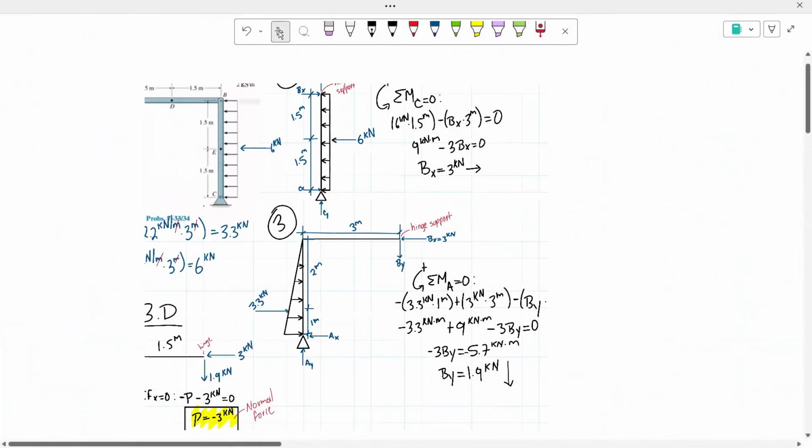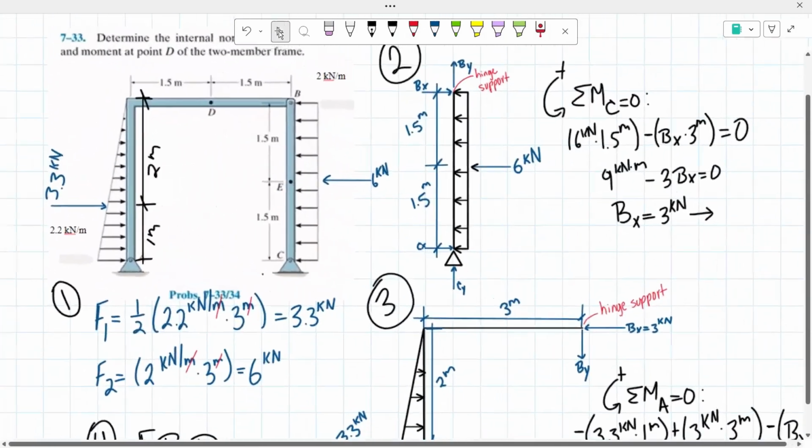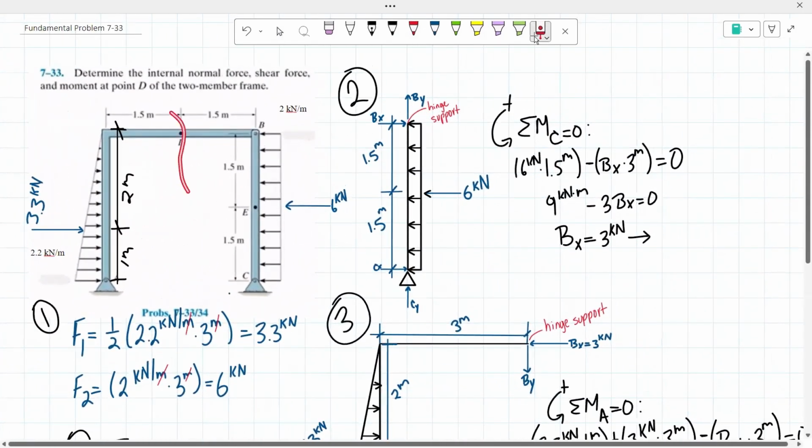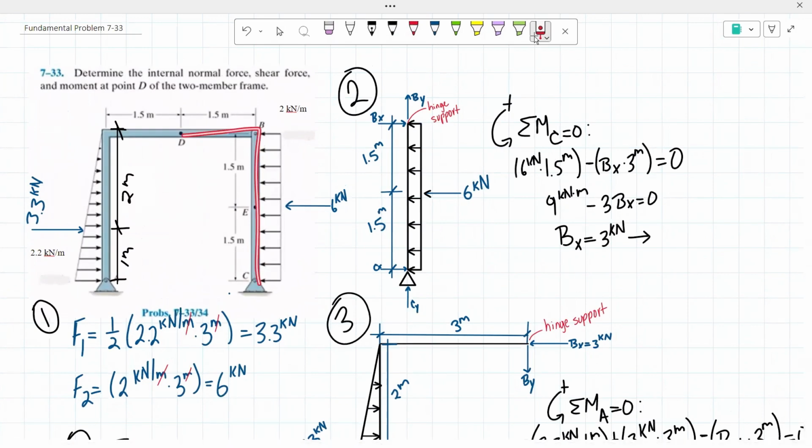So once again, what we did is we saw where our cut was going to be. We decided that we were going to be working with the left side of the frame, but I just wanted to deal with this part of the frame. So I had to find my two reactions at the hinge support. The first thing that I did is I found the concentrated forces of these distributed loadings.